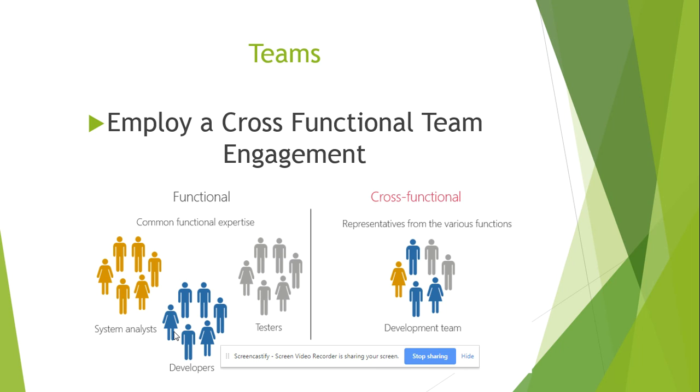And by employing this type of approach, you won't have resistance, as everyone was involved in the decision making, or in this case, in the change implementation process. They were given a voice and they were given active roles.